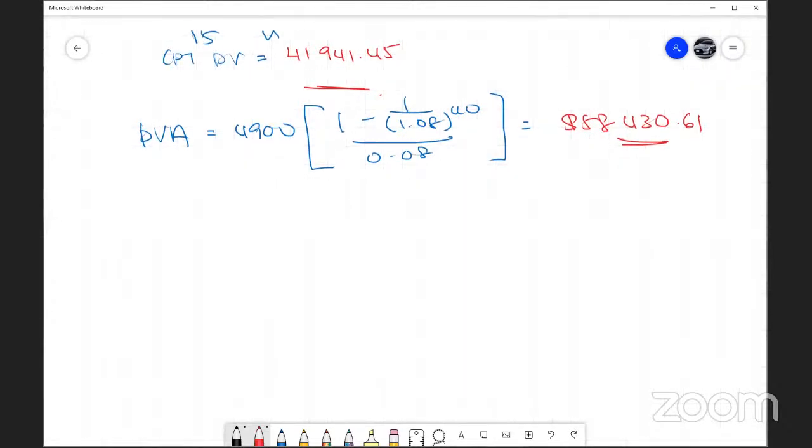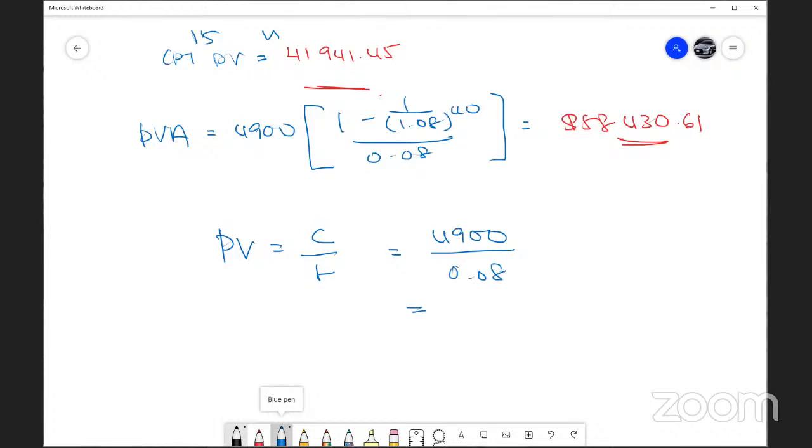And of course, when they tell you it's forever, the formula is PV equals C over R. C is the yearly payment, 4,900, and R is 0.08.